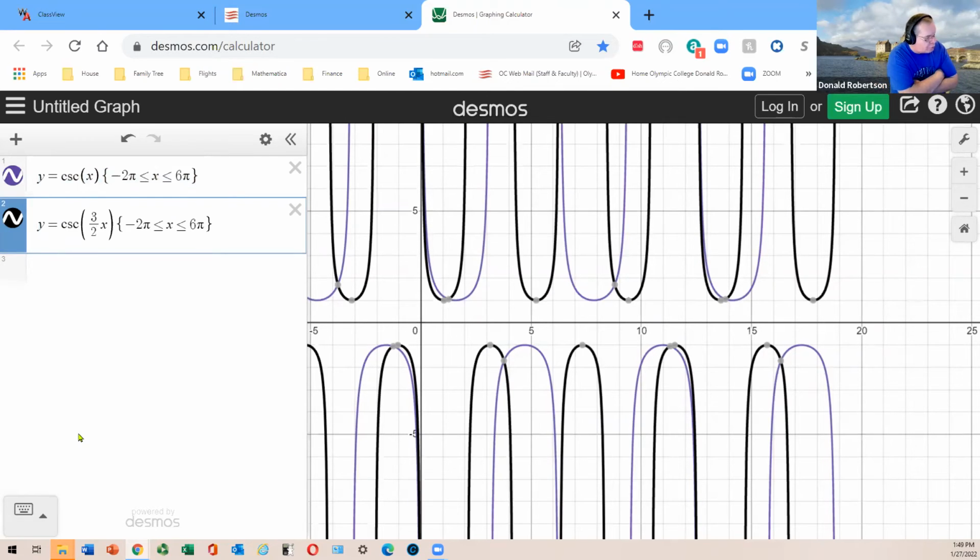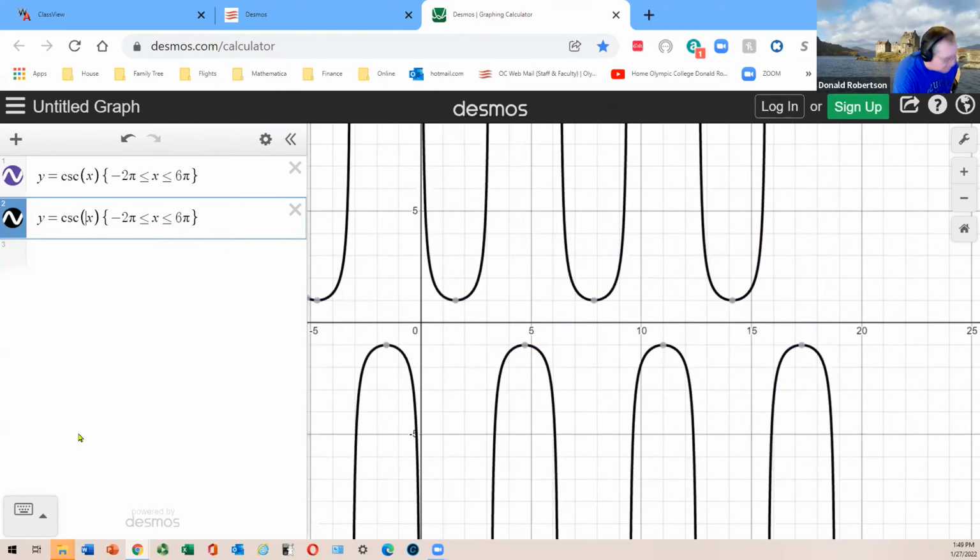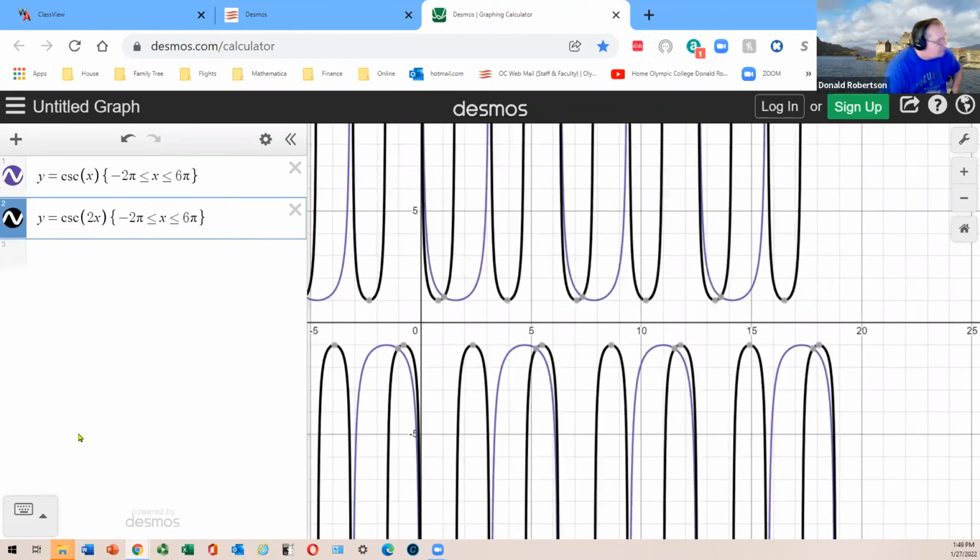Do you notice that there's more black ones there than purple ones? Now, if I change this number to a nicer number, like 2, the picture's kind of messy, but if you look at this happy face and that happy face, do you notice that there's 1, 2, 3, 4? Have you noticed that with 2x, the period shrinks?